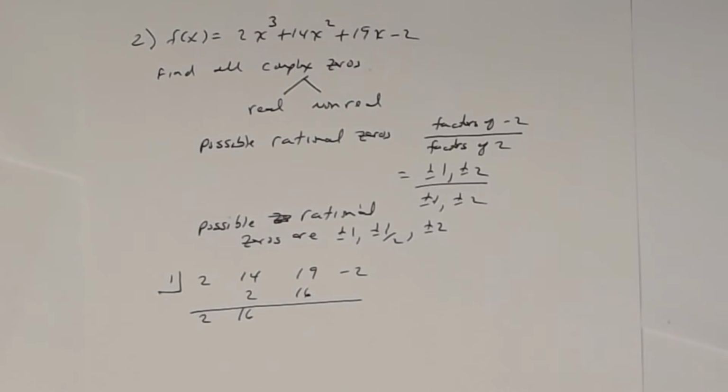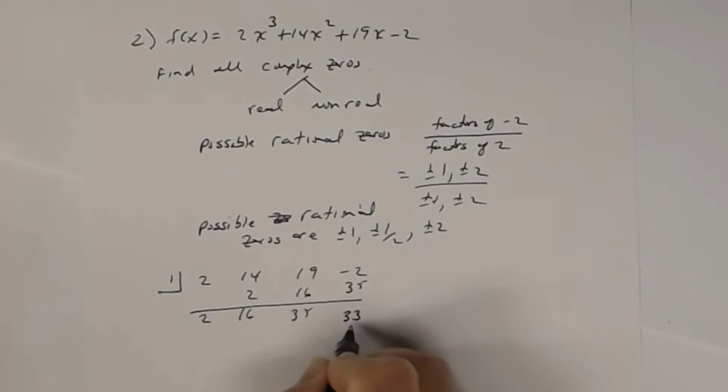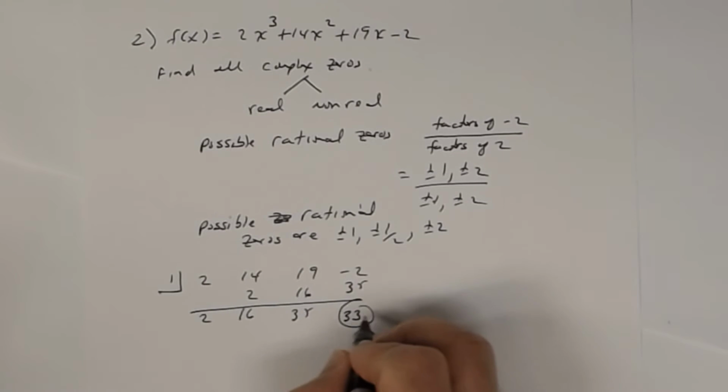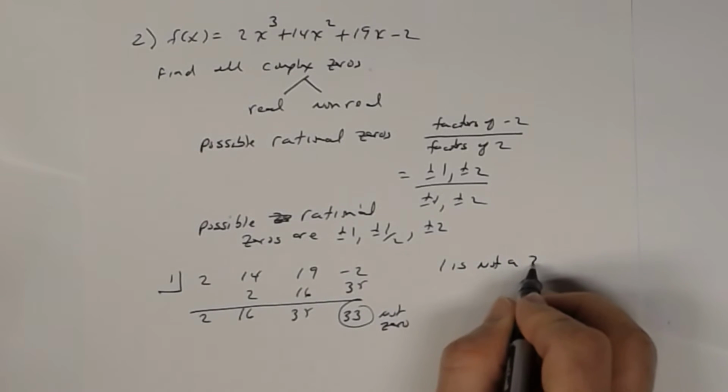So obviously that's not going to work. 19 plus 16 gives us 35, and then 1 times 35 is 35, and that's not 0, that is 33. Since this is not 0, 1 is not a zero.